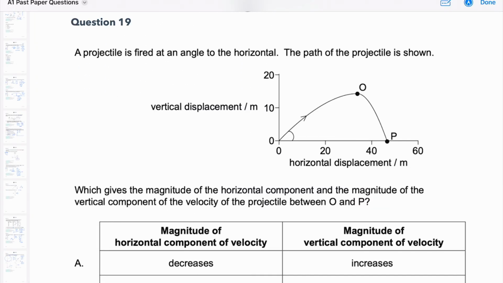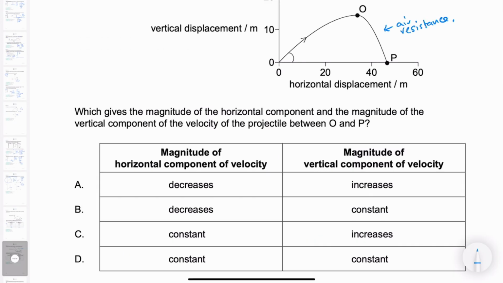Question 19. A projectile is fired at an angle to the horizontal. The path of the projectile is shown. Can you see the projectile looks different from that in question 18? The projectile now includes air resistance. Which graph gives the magnitude of the horizontal component and the magnitude of the vertical component of velocity of the projectile between O and P?